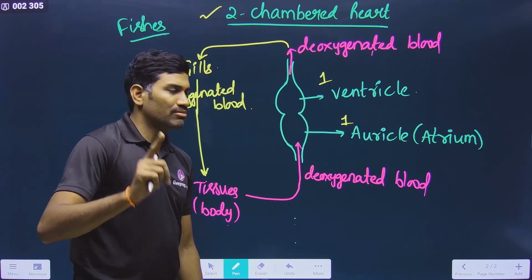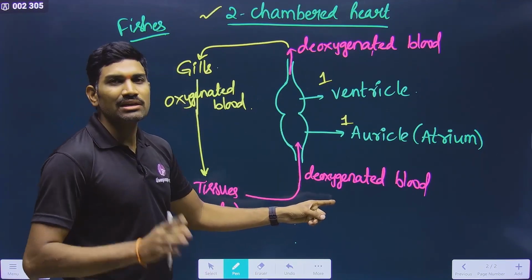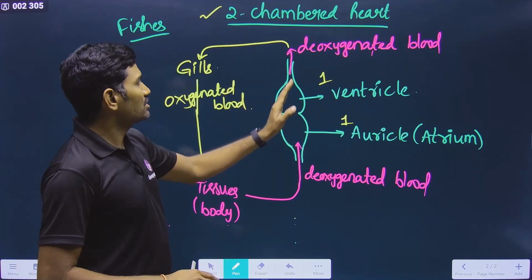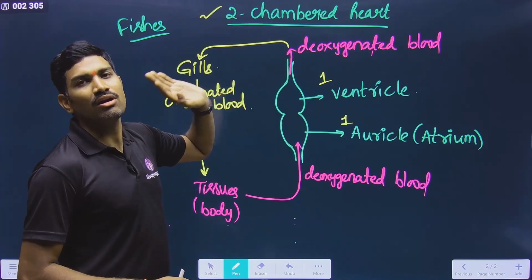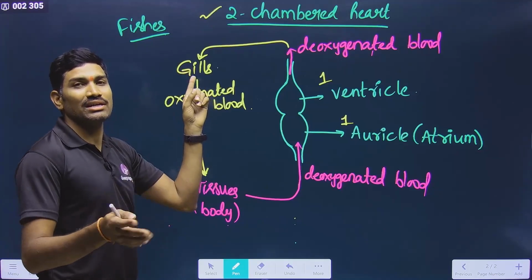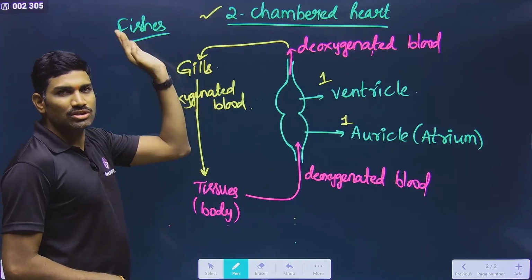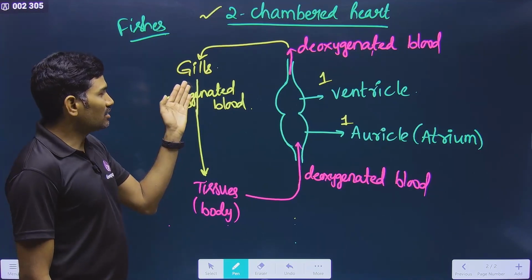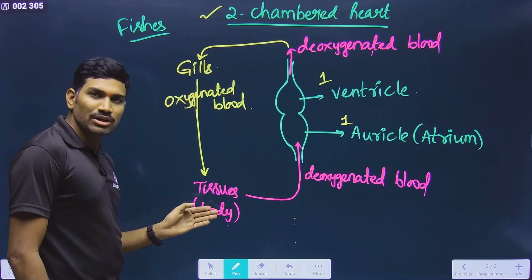Blood is coming only once to the heart, and that too which blood is coming? Deoxygenated blood is coming to the heart. And the same deoxygenated blood is sent out of the heart. But it is going to the gills for oxygenation, for exchange of gases. And because of this, CO2 is removed and oxygen is coming. Once oxygen is coming, now it is called oxygenated blood. And this oxygenated blood is directly supplied to tissues.